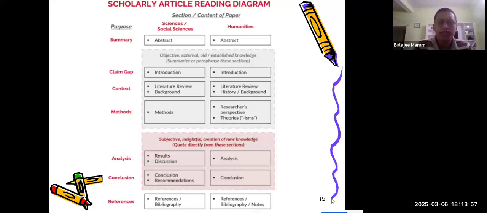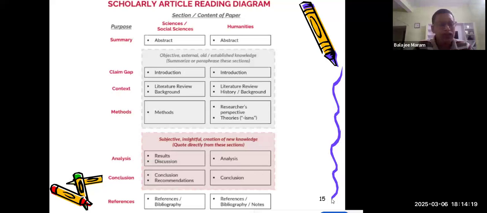That is related to the sciences paper. But what about humanities? In humanities, we cannot expect any practical implementation because it is strongly bound with the data analysis part only. In data analysis, there is no practical implementation, there is no discussion, only analysis.